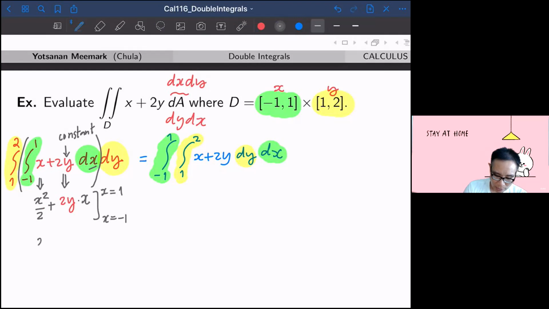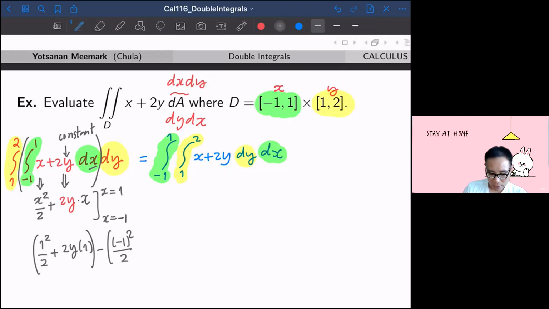This allows you to plug in: it's going to be 1 squared over 2 plus 2y times 1, subtract by -1 squared over 2.